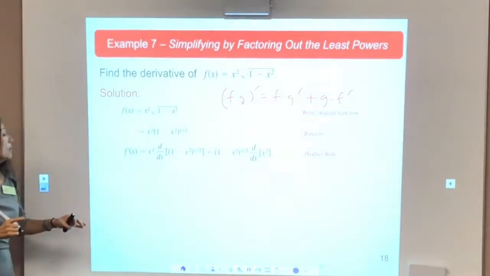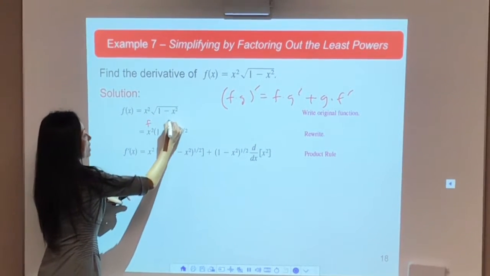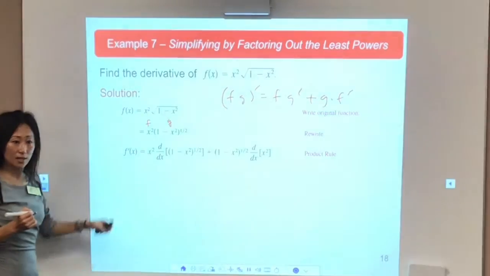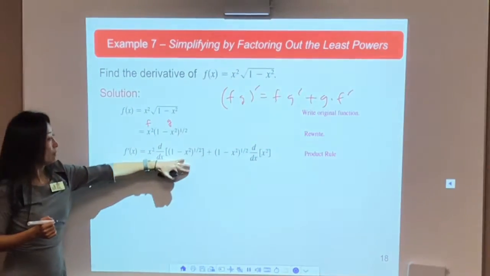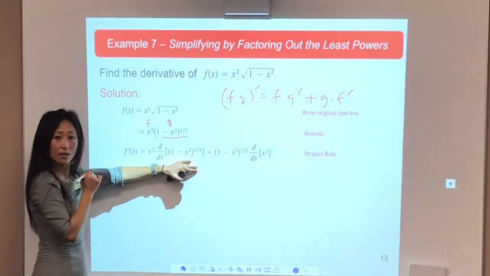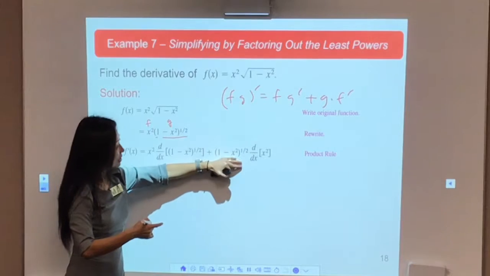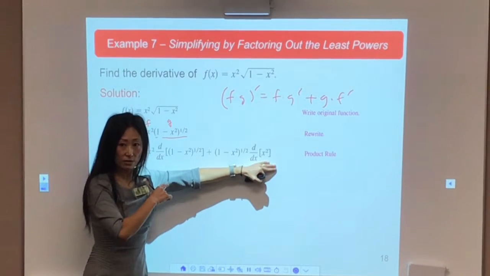That's what I'm doing here. You did it yesterday. This is my F, and this is my G. Is everybody with me? Yeah. Okay. So, F times the derivative of this. Is everybody with me? The next one is what? This times the derivative of the second one, the first one. So far, so good?